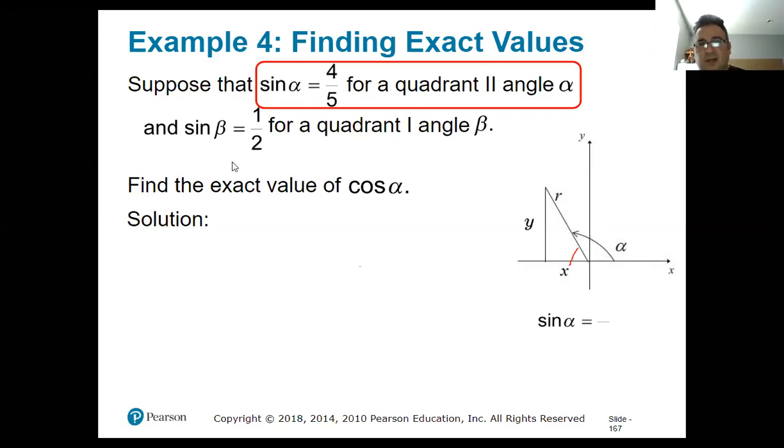So it's going to be y over r. And they told us right from the beginning that this was 4 over 5. Good. Okay, so that is 4 over 5.